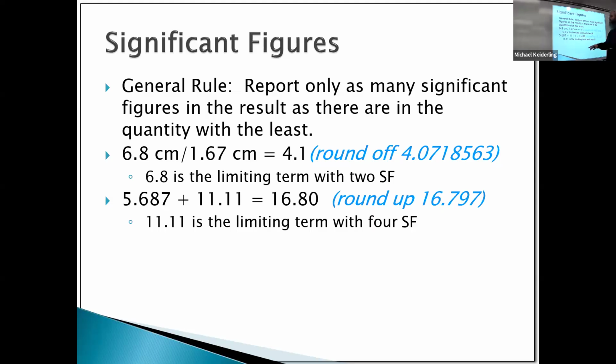And here we have 5.678 plus 11.11. Both of these have 4 significant figures, so we would round it from 16.797 to 16.80. That's if you use significant figures. However, because this is addition, strictly speaking, you should use decimal places. But 11.11 also has the least decimal places, and you would also round to 16.80.